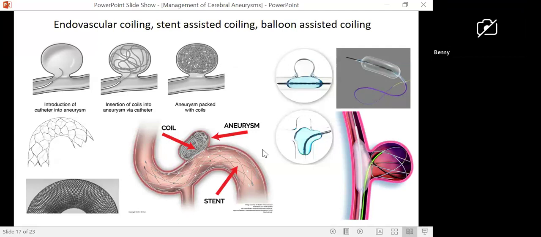A TIA is a transient ischemic attack, meaning that the same thing happens. A blood clot goes into a small part of the brain, causes symptoms, but it dissolves on its own, and then the blood flow is restored so the symptoms go away. So the TIA will present with stroke symptoms, but it will last less than 24 hours. An aneurysm is on the opposite side. It has nothing to do with blood clots. It's related to bleeding. It's the opposite.